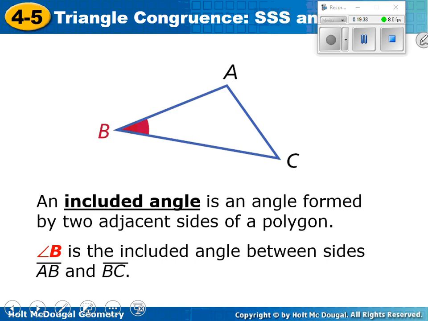When I told you it mattered where the angle was, they call the angle the included angle if it's the angle in between the two sides. So the included angle is the angle formed by 2 adjacent sides. 2 adjacent sides put together, this is the included angle. Okay? And we need to know that for the next one, which is side angle side.